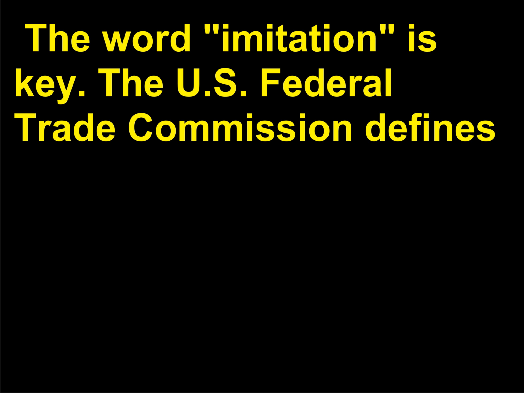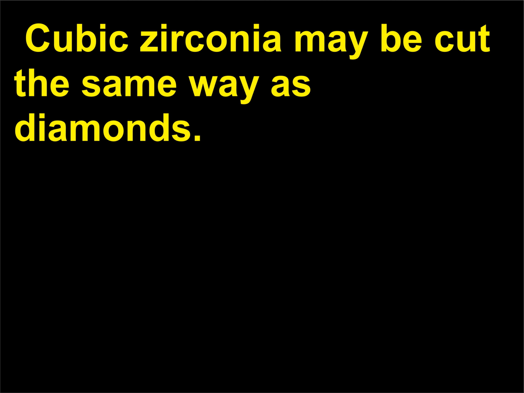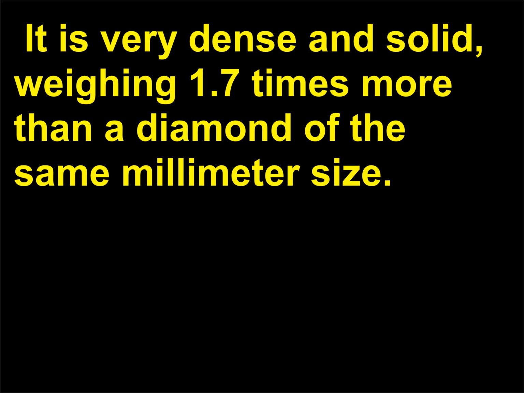The U.S. Federal Trade Commission defines imitation materials as resembling the natural material in appearance only. Cubic zirconium may be cut the same way as diamonds. It is very dense and solid, weighing 1.7 times more than a diamond of the same millimeter size.